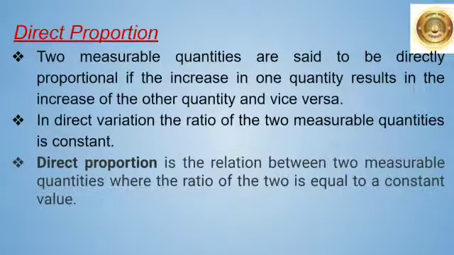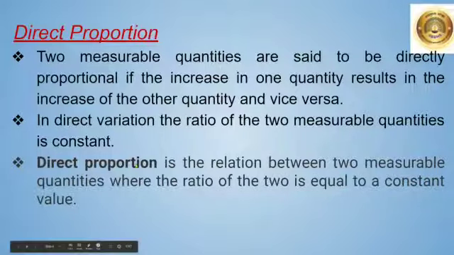Now let's see what is meant by direct proportion. Two measurable quantities are said to be directly proportional if the increase in one quantity results in the increase of the other quantity and vice versa. That means, in a direct proportion, the two related quantities will change in such a way that the increase in one quantity will result in the increase of the other quantity, or if one quantity decreases, the other quantity will also decrease.